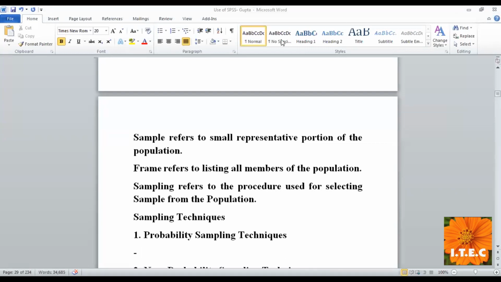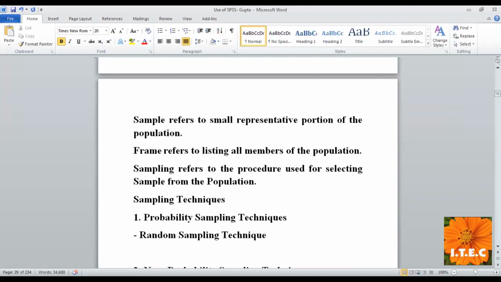The names are: one is called random sampling technique. Another is called systematic sampling technique.